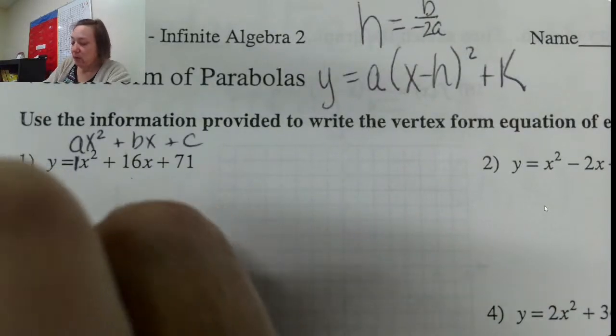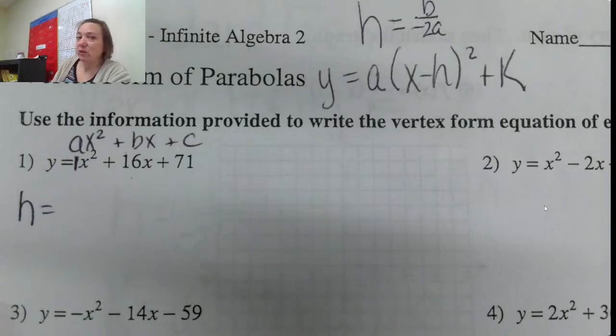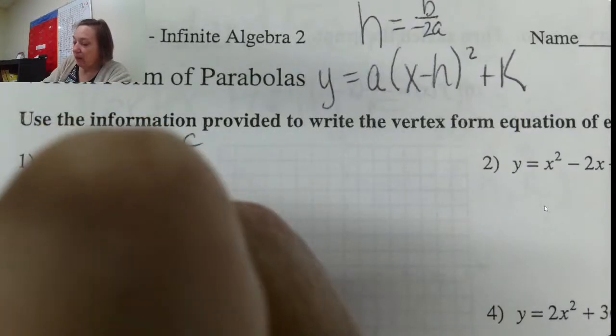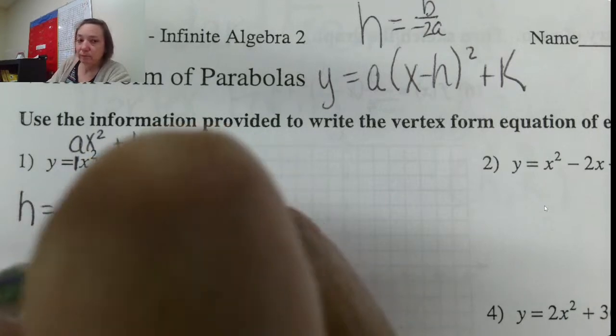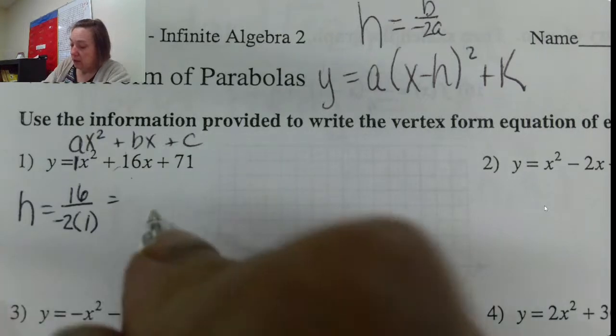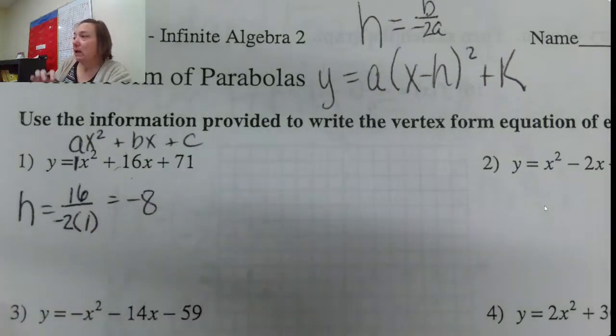So to find our vertex, we're going to find h first. To find h, we're going to take our b value, which is 16, and divide it by negative 2 times our a value, which is 1. And then we just do the math. So what do we get there? Negative 8. So the x of our vertex is negative 8.